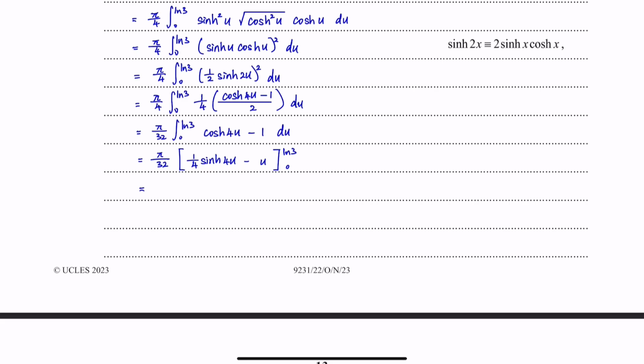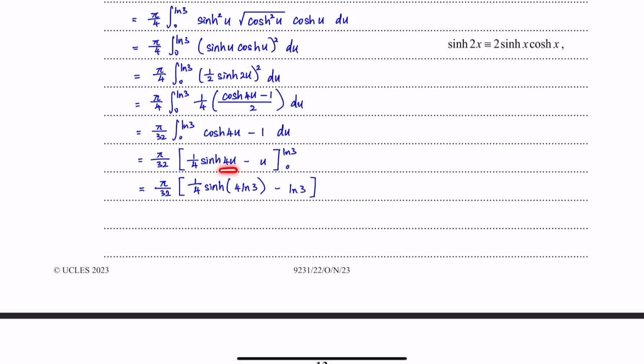And now we just sub these figures in, and we would get pi over 32 times 1/4 sine 4 ln 3 minus ln 3.